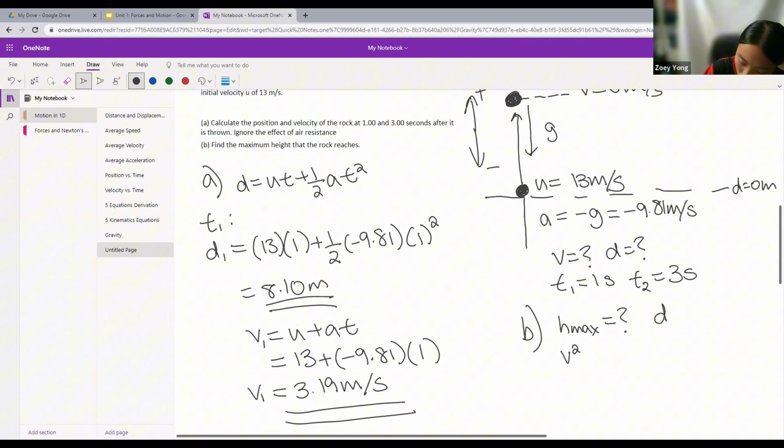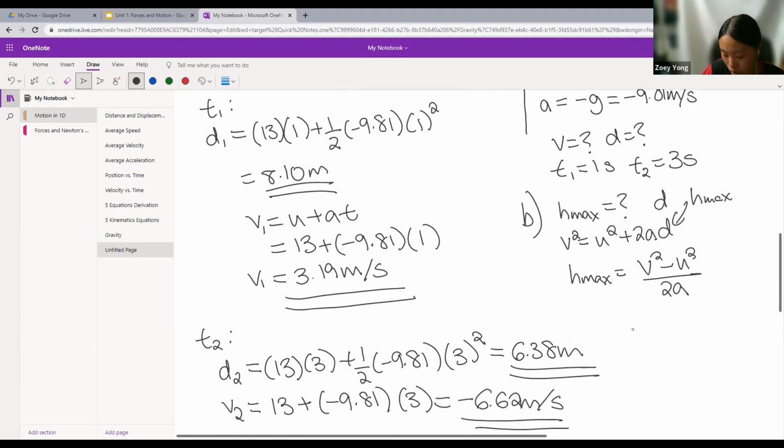The equation we can use is v squared equals u squared plus 2ad, where d is going to be H max. So if we solve the equation for H max, we get v squared minus u squared over 2a. And we just plug everything in from this point.